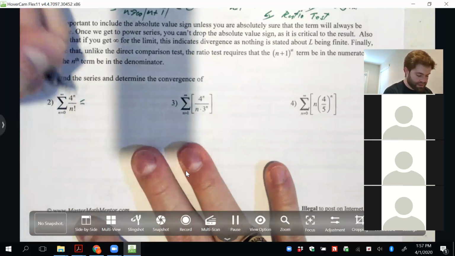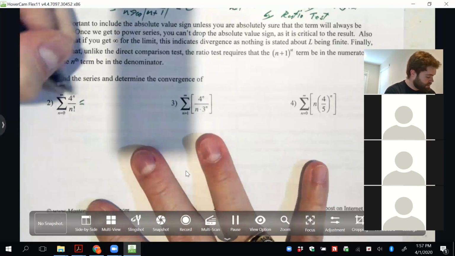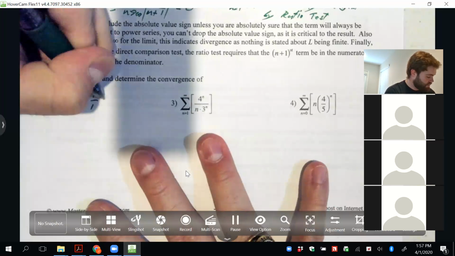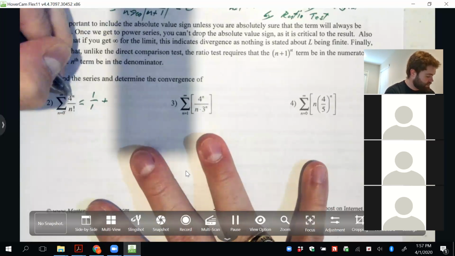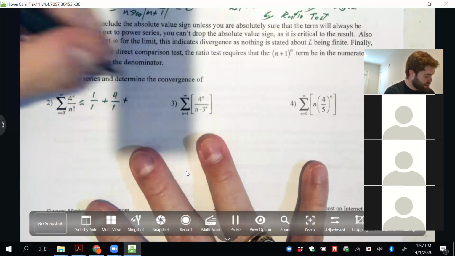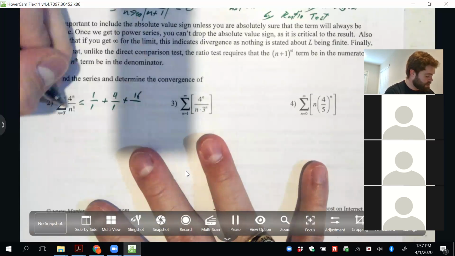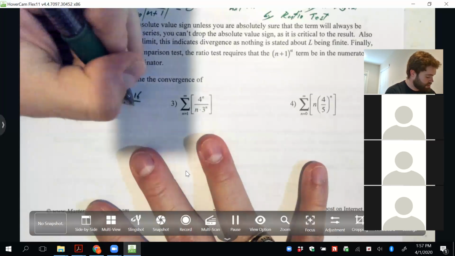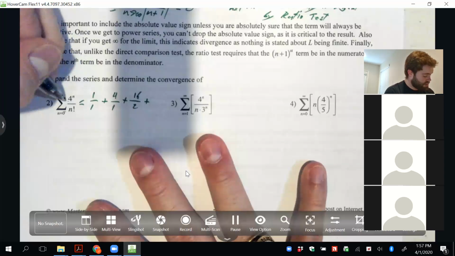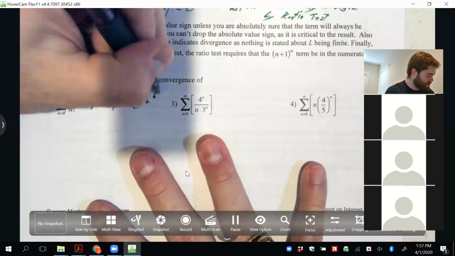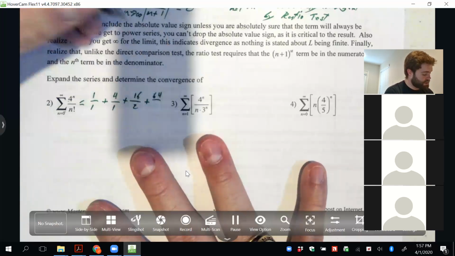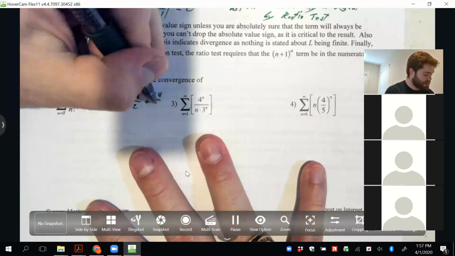Again, I'll just write the first 4 terms. 4 to the 0 power, that's 1 over 0 factorial, which is 1, plus 4 to the first power, that's 4 over 1 factorial, which is 1, plus 4 squared, so 16 over 2 factorial, which is 2, then plus 4 cubed, which is 64, over 3 factorial, which is 6, and so on and so forth.